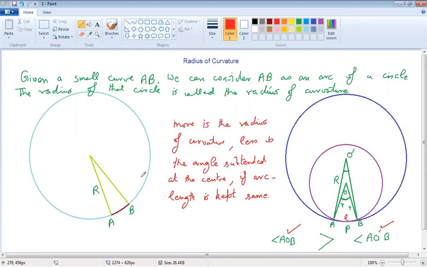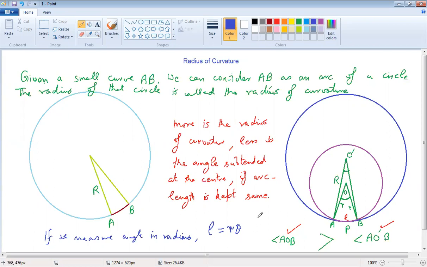If we measure angle in radians, as in the morning class we have seen, we have the relationship between the arc length, the radius, and the angle formed at the center, theta.